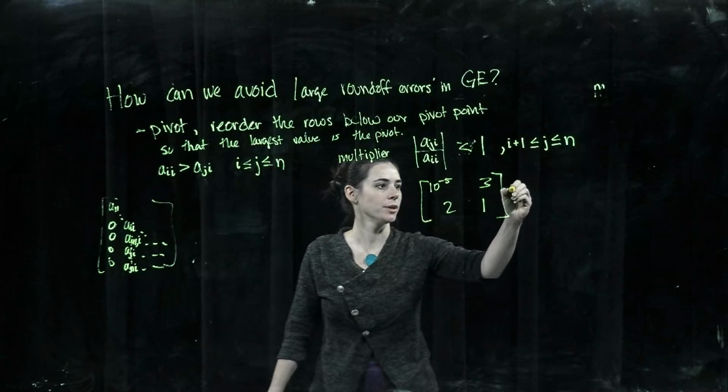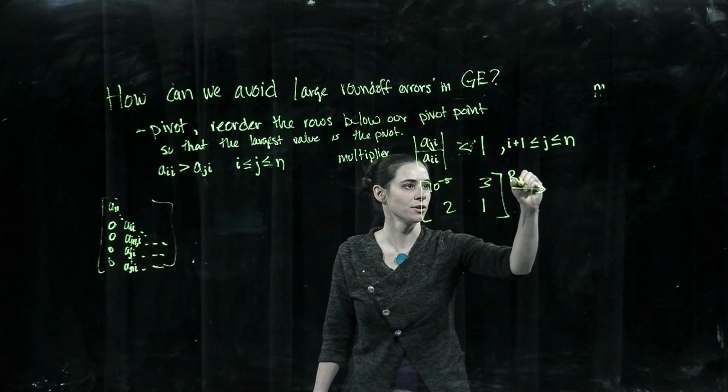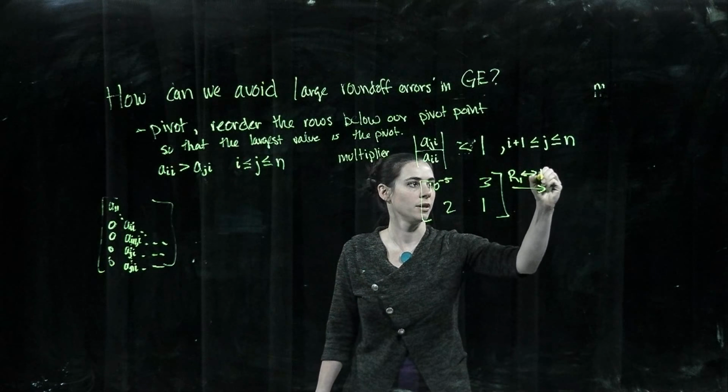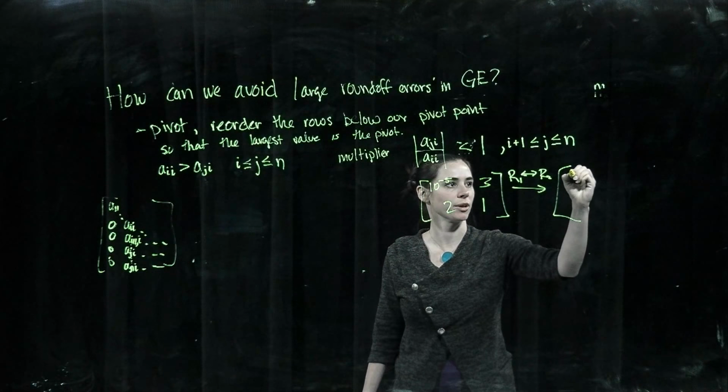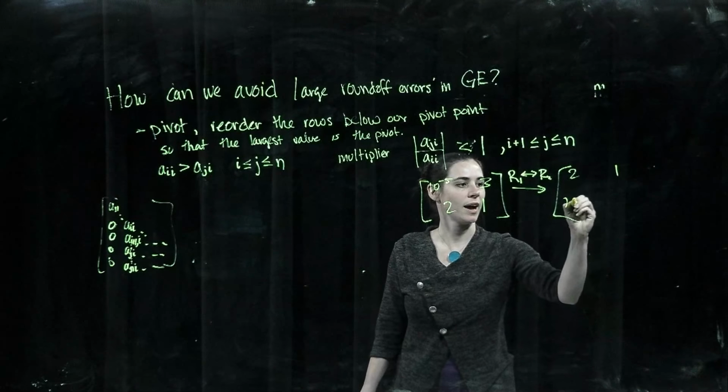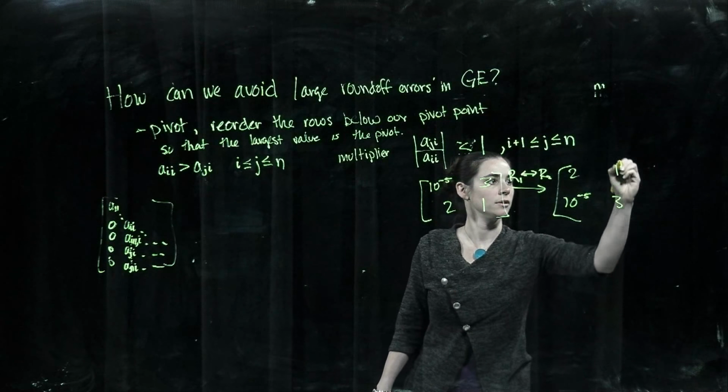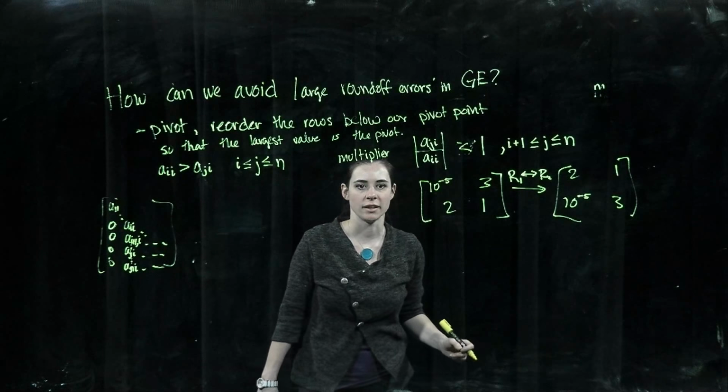So what we're going to do is exchange rows 1 and 2. And when we do that, we're going to exchange the whole row. So we have 2, 1, 10 to the negative fifth, and 3.